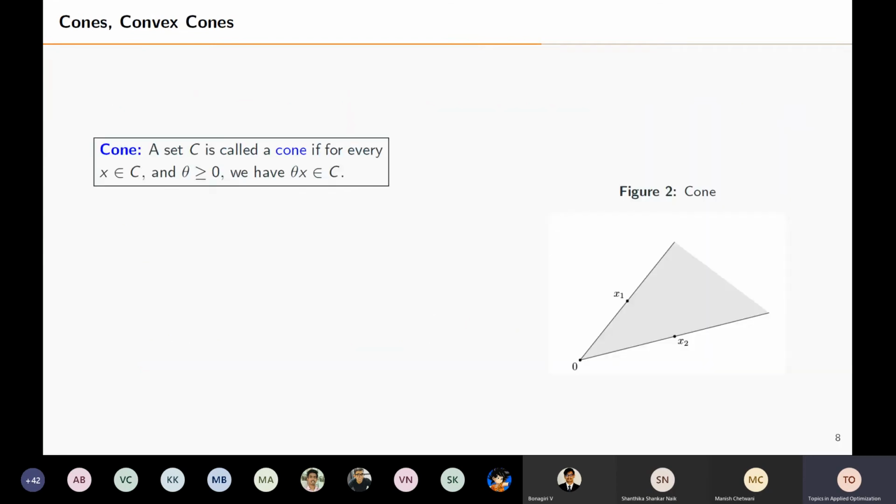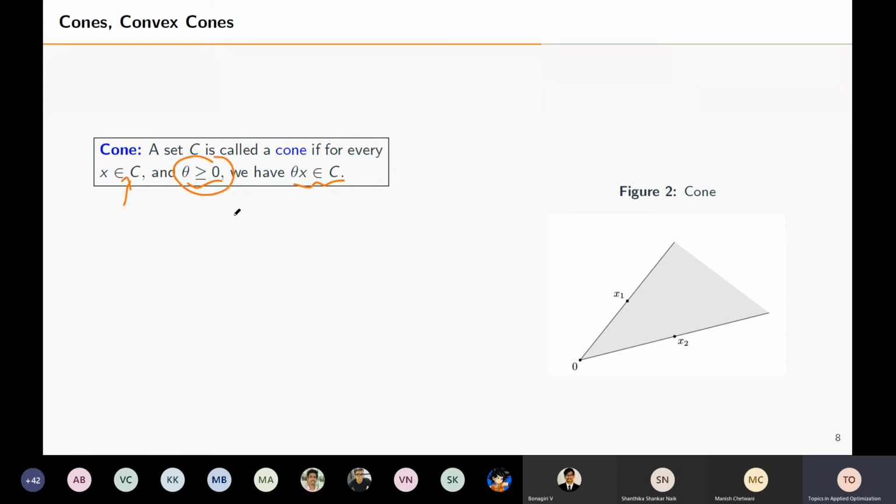For the moment, there is an object called a cone, and a cone is different from a norm cone. The definition is rather simple. A set C is called a cone if for every x in the set C and theta greater than or equal to 0, we have theta x also in C. Now, what type of figure will it become with these constraints? What is the constraint that we removed from the convex set? Only one constraint.